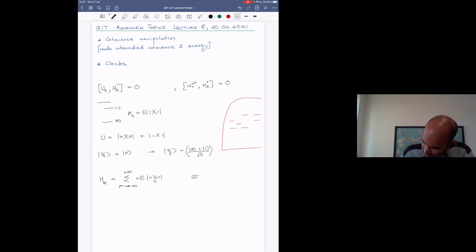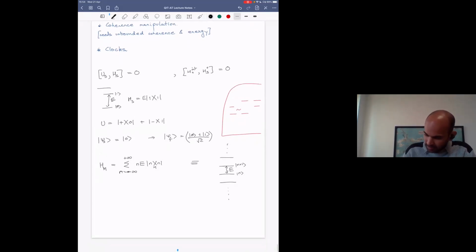The energy gap is E, the same as in the system. So it's a ladder whose spacing is the same as the energy gap of the system.